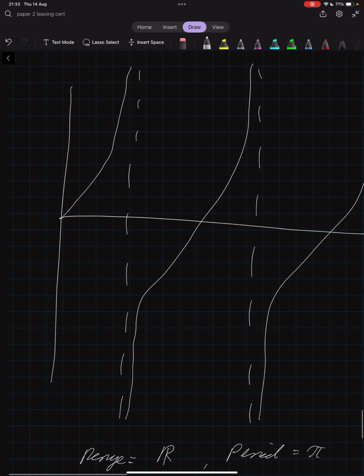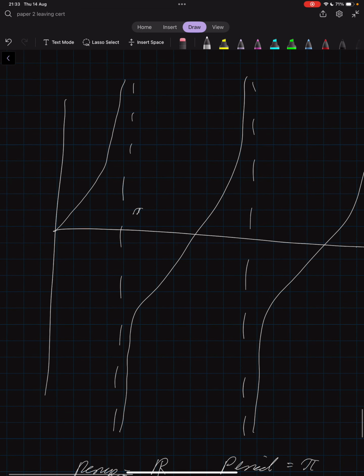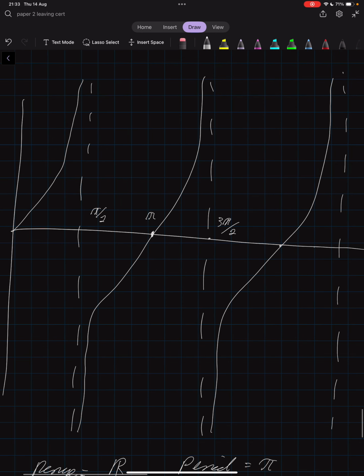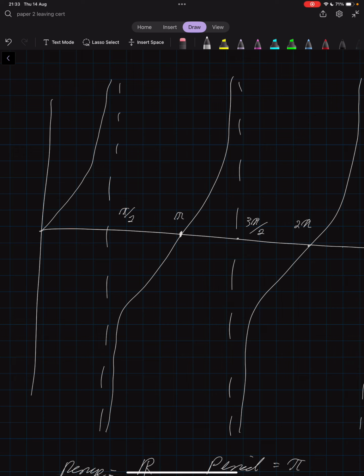Okay, so this is going to be pi over 2. This is pi. 3 pi over 2. 2 pi, on. So it repeats after every pi. Okay, so you can see that's 0, that's pi, it looks the same. So it just repeats after every pi.